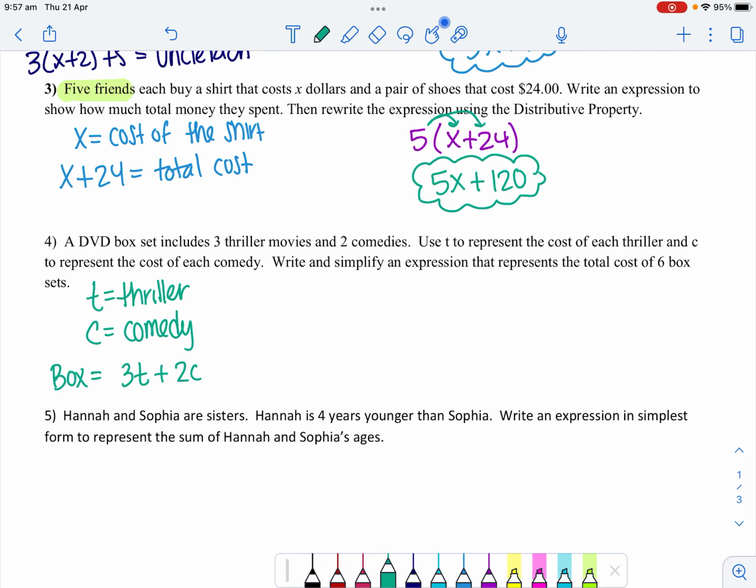And then it says, write and simplify an expression that represents the total cost of 6 box sets. That means 6 times what comes in each box. So 6 times 3 is 18T. 6 times 2 is going to be 12C.